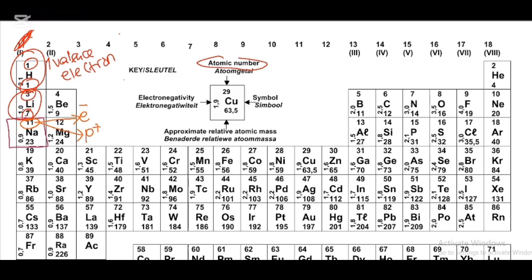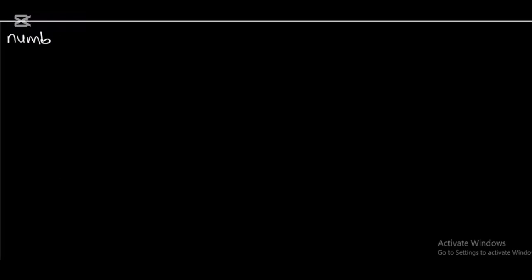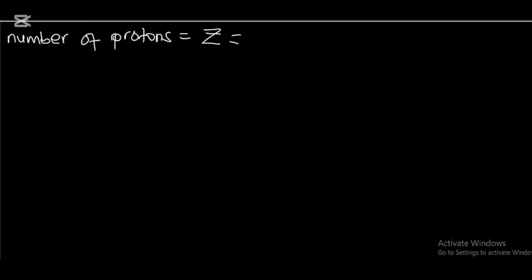So we'll say the number of protons is equal to Z, which is our atomic number. Let's check sodium. Sodium has 11, so we'll have 11 protons, and we'll also have 11 electrons.